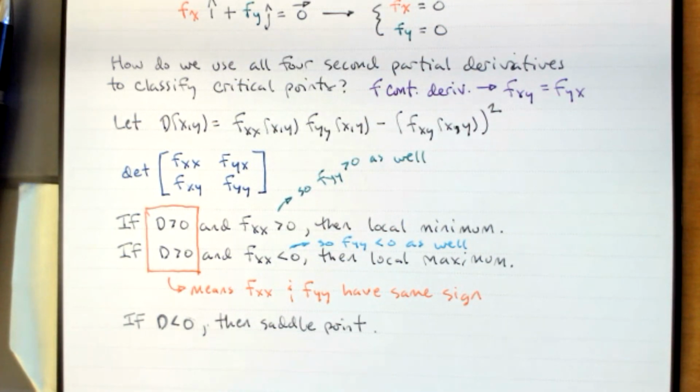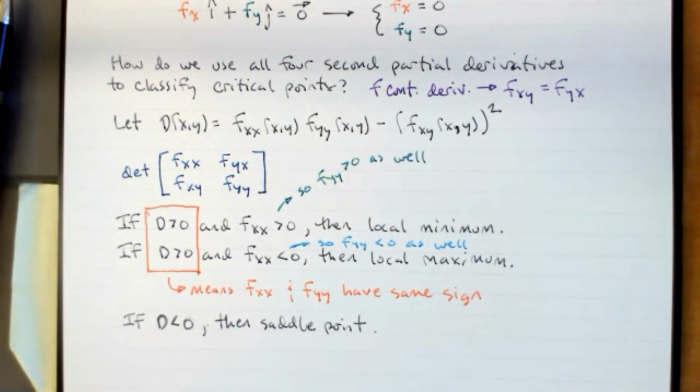Most likely the reason that D is negative is that Fxx and Fyy have opposite signs. Concave up in one direction, concave down in the other direction. And that's what makes a saddle point. We have a local max in the x, but a local min in the y.